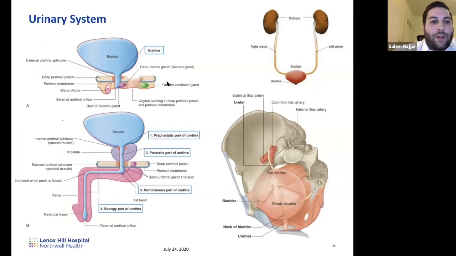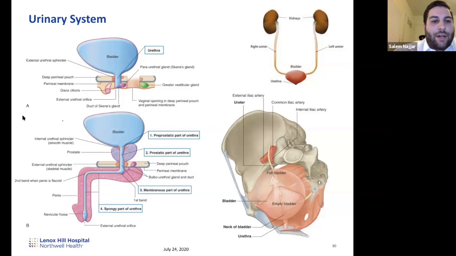So another really important system that occurs within the pelvis is the urinary system, and it sort of starts with the kidneys, where you have right and left ureter that drain into the bladder. And from there, there are going to be some anatomical differences between males and females. You can see with females, there's a shorter urethra, and it enters through a shorter distance into the urethral orifice.